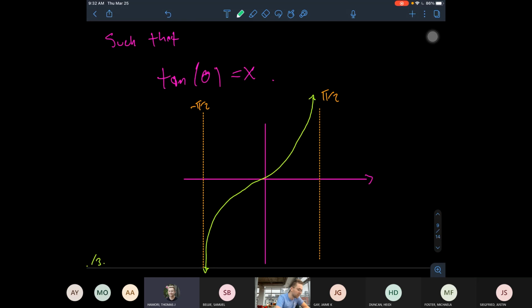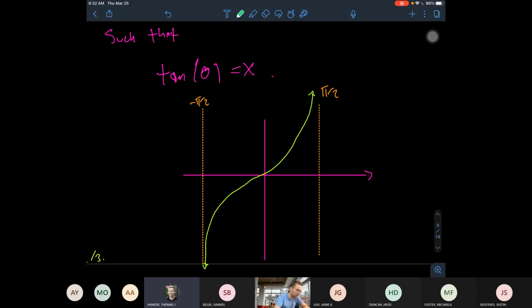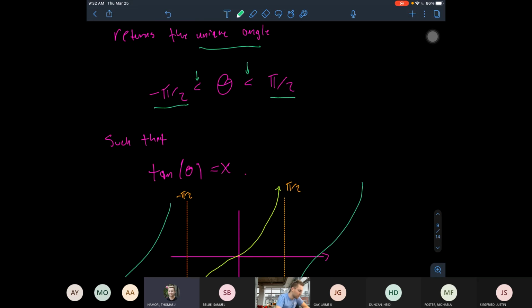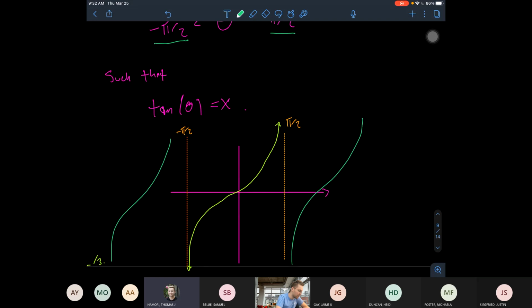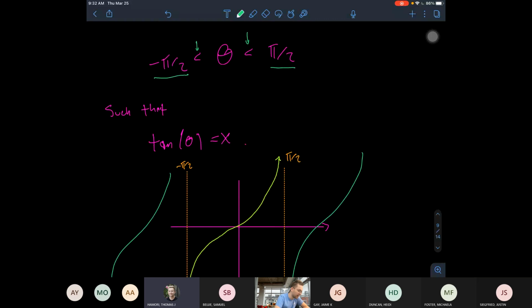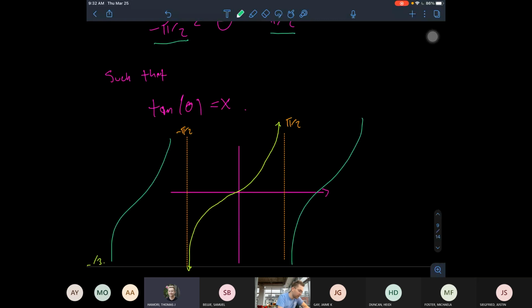Okay, so here's how we visualize. We know that the tangent theta graph looks like this, and then after that it repeats, right? And in both directions it repeats. So if you give me basically a height, and ask me, well, what is the theta value such that this height here, tan theta, is equal to the number which you give me?